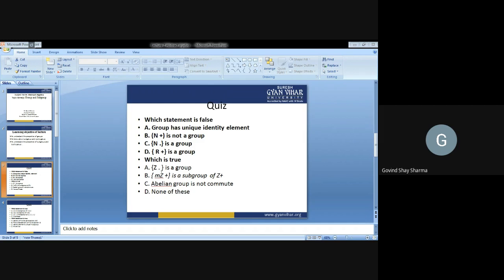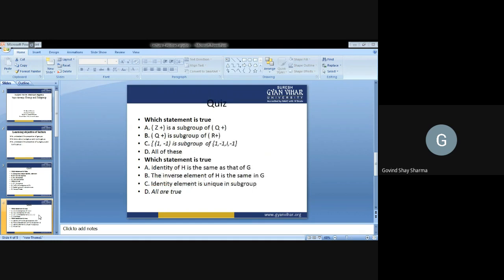Z dot is a group, MZ plus is a subgroup of Z plus, absolutely right, option B is right. An abelian group is commutative, I told you this in the definition. MZ is a subgroup of Z plus. This statement is true again. Z plus is a subgroup of Q plus.